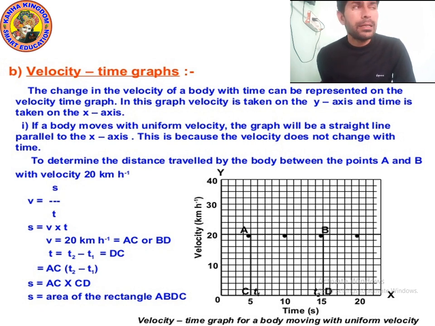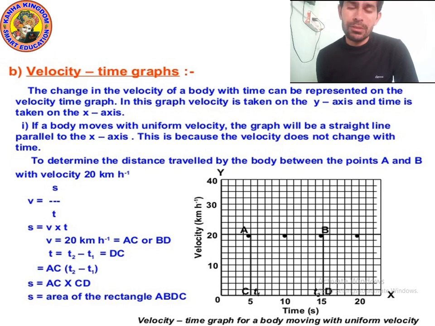If we talk about average velocity, what is it? Average velocity is the ratio of total displacement to total time taken. It is also the mean of the initial velocity and the final velocity divided by 2.